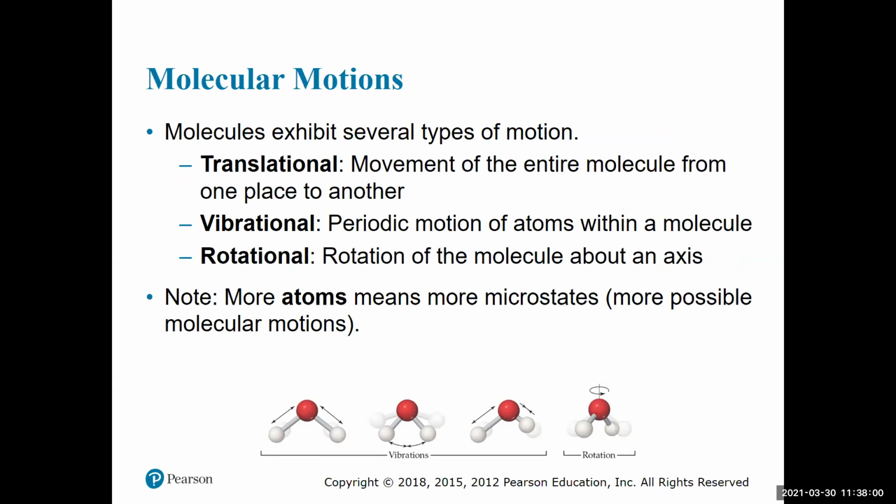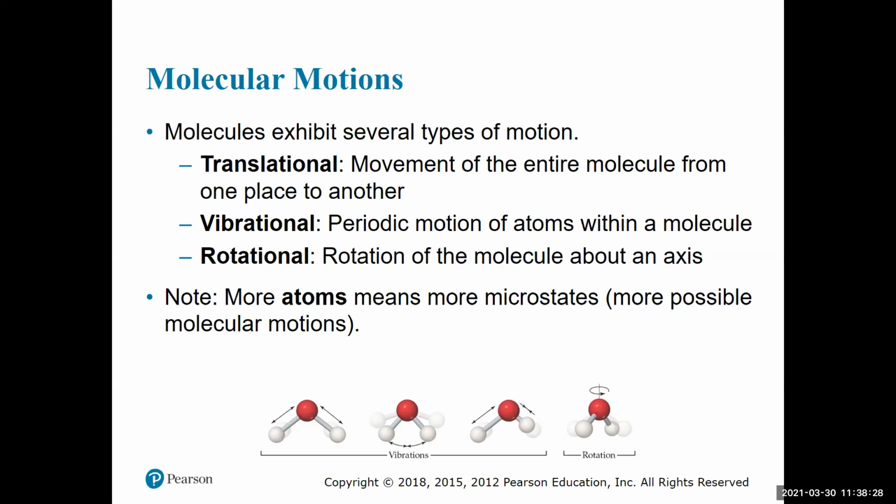The first one, translational motion, is what we've been talking about. That's where the whole molecule moves around. So if you think of yourself, you're in this room right now, if you started walking around the room, that would be translational motion, okay? But that's not the only motion you can do, right? You can do other motion.